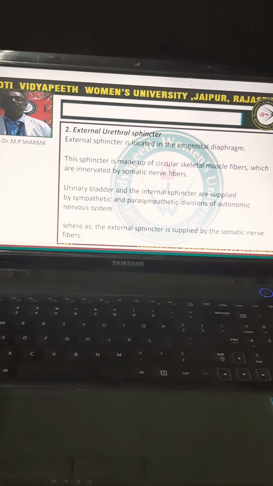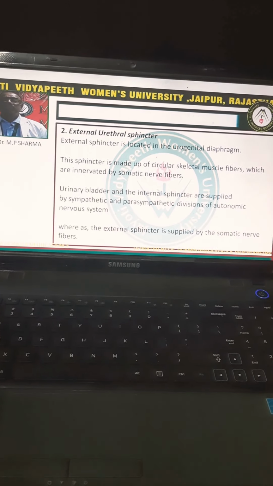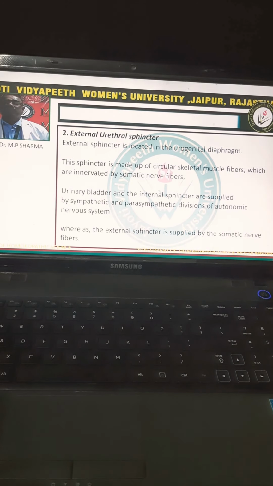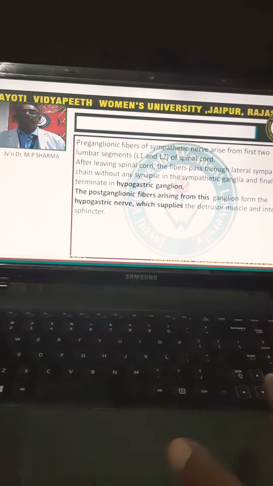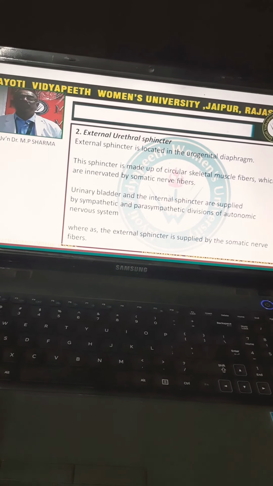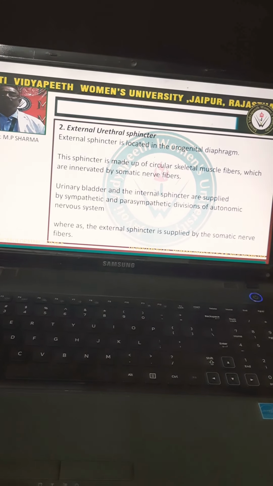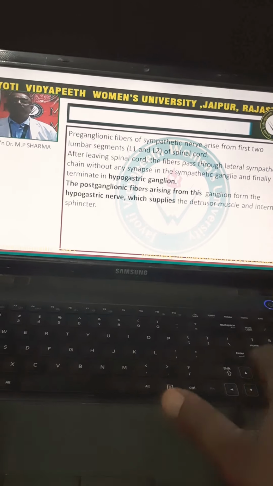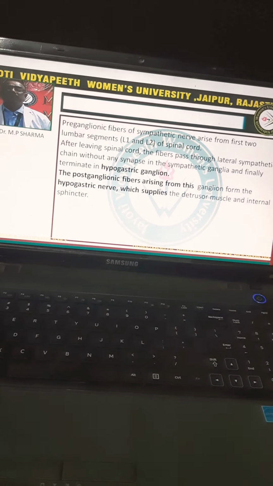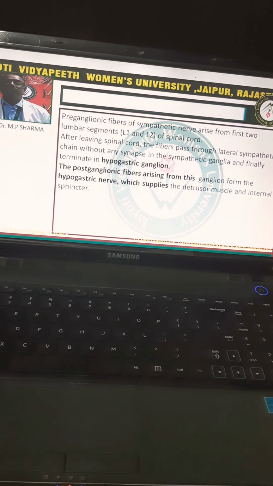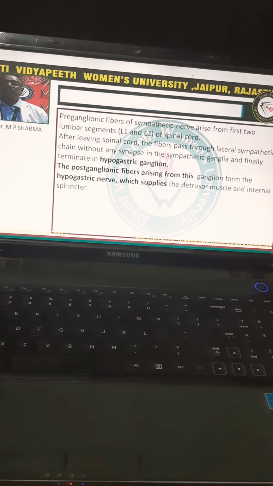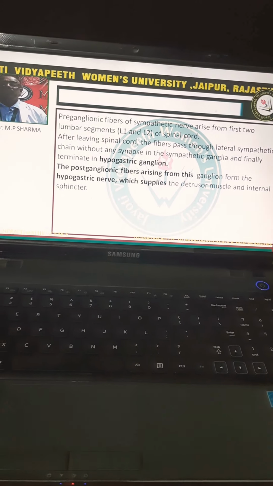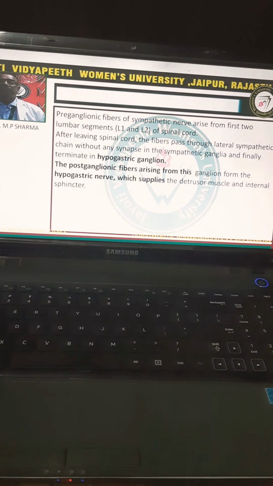Urinary bladder and the internal sphincter are supplied by the sympathetic and parasympathetic divisions of the autonomic nervous system, whereas the external sphincter is supplied by the somatic nerve fibers. Preganglionic fibers of the sympathetic nerve arise from the first two lumbar segments L1 and L2 of spinal cord.